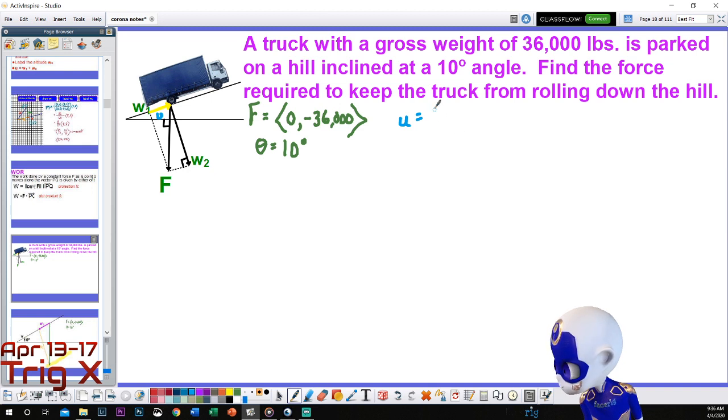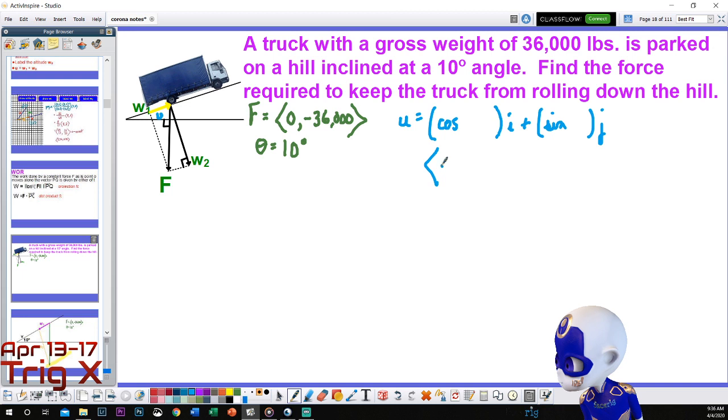My unit vector is always the cosine of theta i plus the sine of theta j, or you could think of this in component form, cosine theta, comma, sine theta. Either way, it's the same thing. Our angle is 10 degrees. So you can write it in linear combination form like above, or in component form like below. Either way, these both mean the same thing.